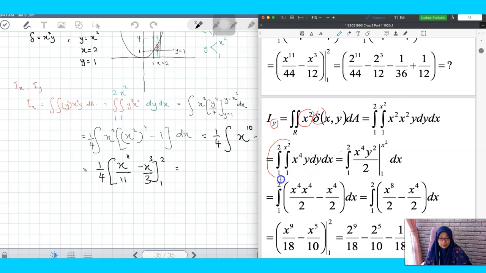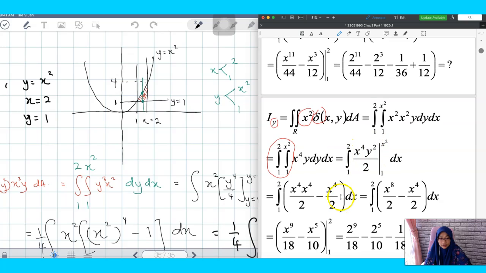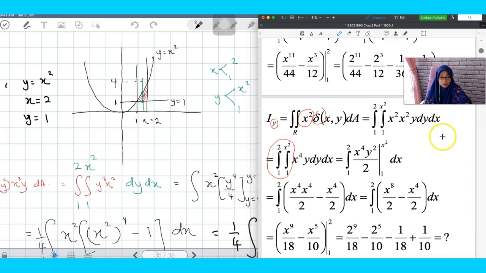You have to use the same limits because the region is the same. Because we have a polynomial here, we just proceed with the integration and you get this one. Please evaluate it yourself to complete the answer.